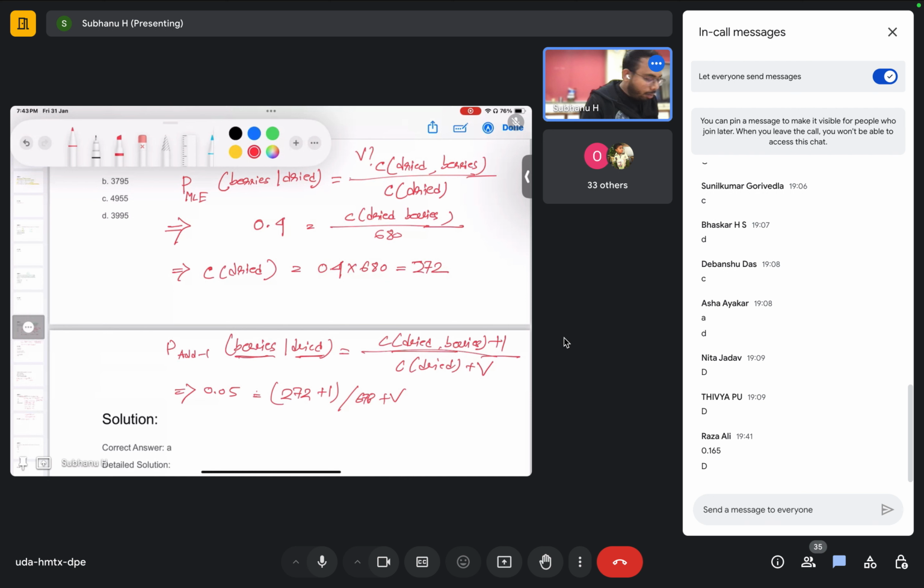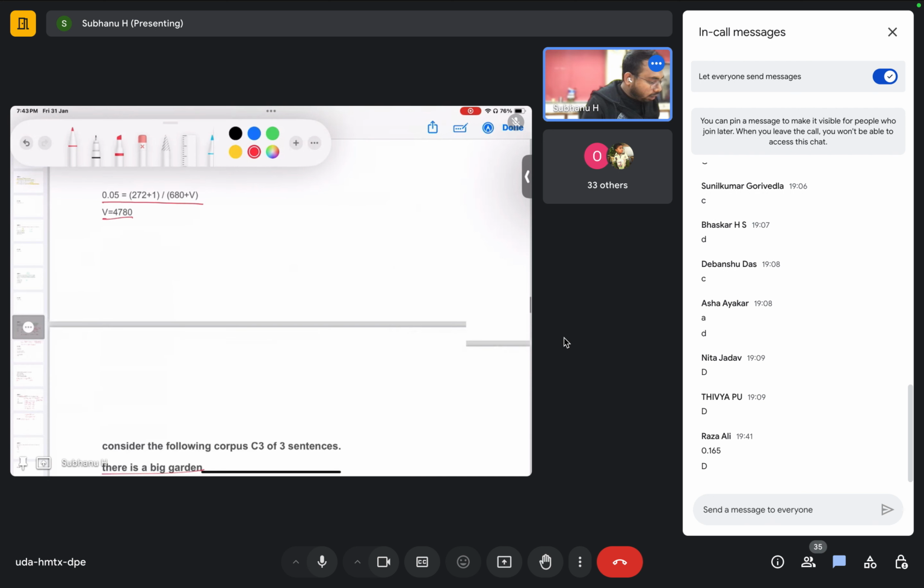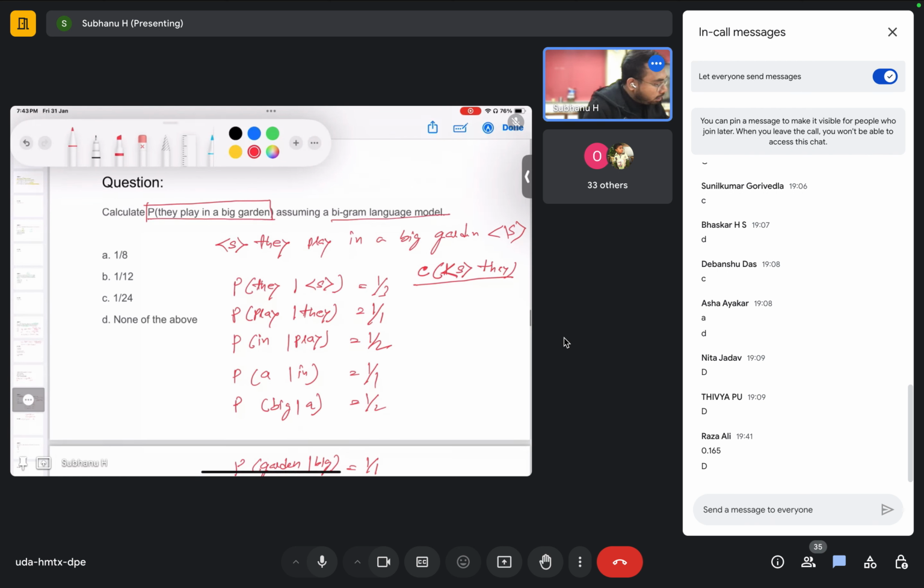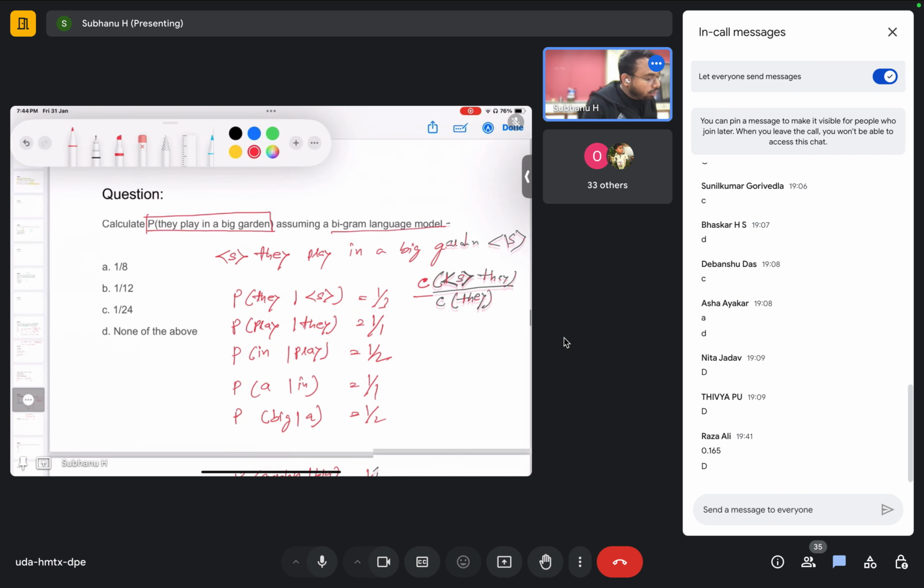We want to calculate the probability, so we count dried berries. That's what I am using here. We want to calculate the probability of "they", so we take the start-and-"they" count and the count of the word "they".